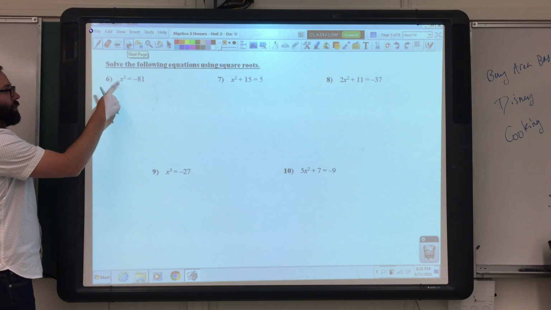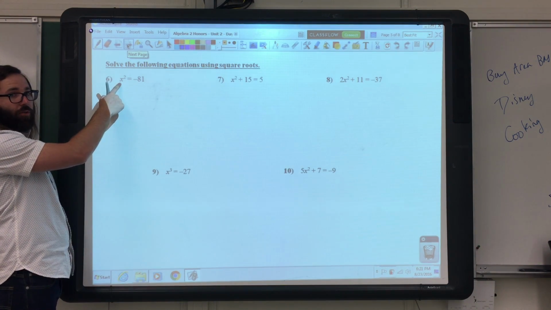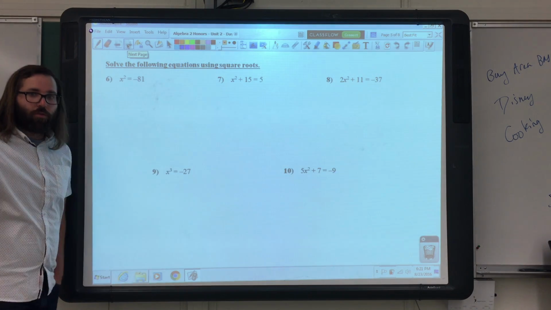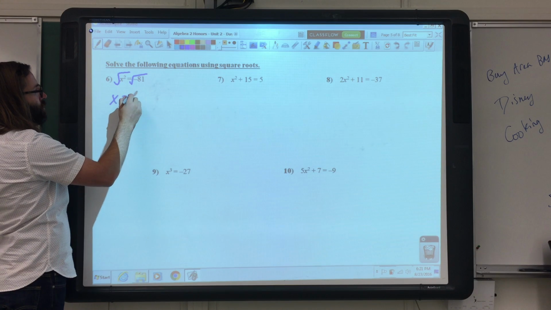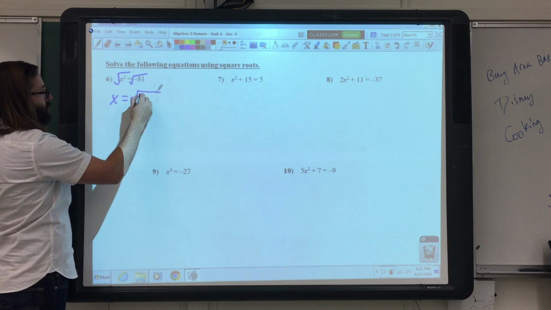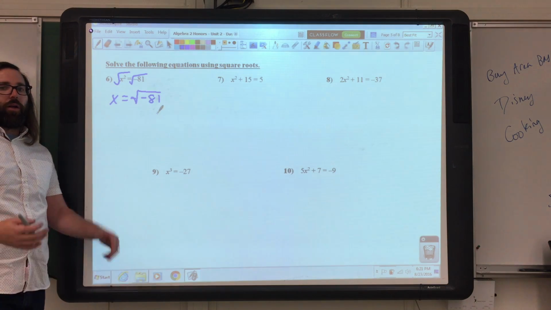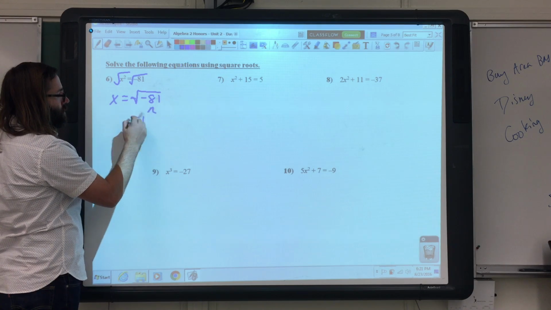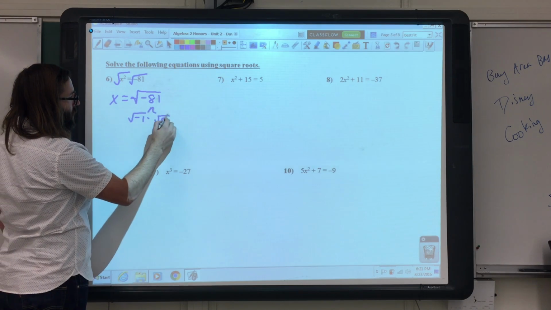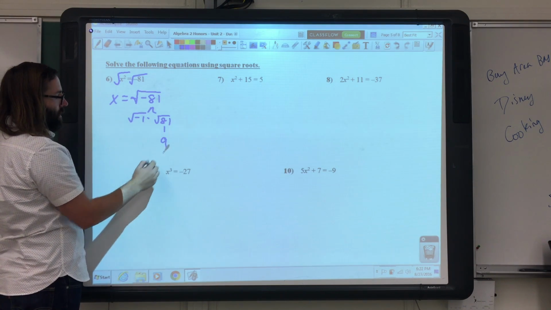Okay, so let's take a look at 6. To get rid of the squared, you are going to square root both sides. So you get x is the square root of negative 81. Oh no, what are we going to do? Okay, just factor this out. Square root of negative 1 times the square root of 81. We know the square root of 81 is 9.